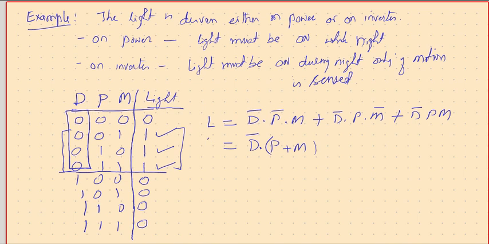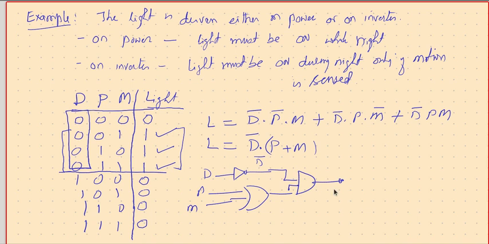Only then there will be a light. Implementing this, we get: this is D, then we need D bar, then we have P, then we have M. For these two we use an OR operation, and then an AND operation.